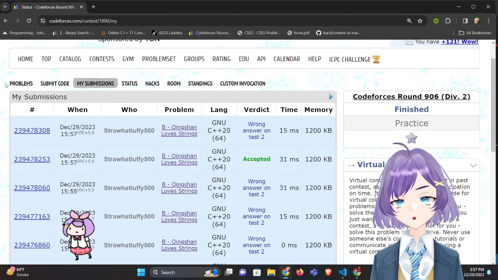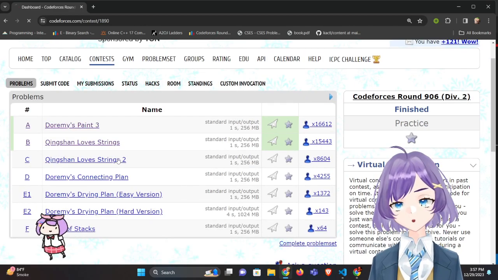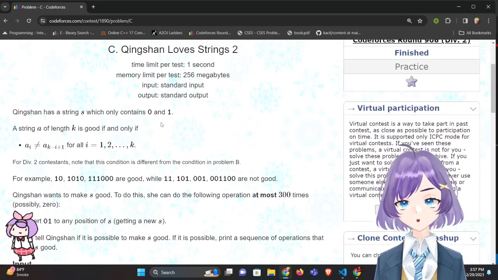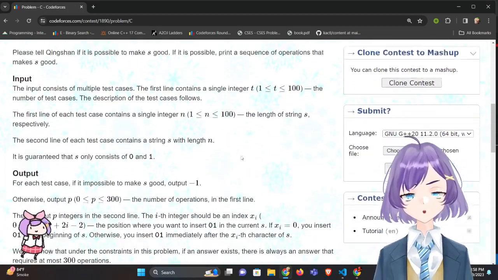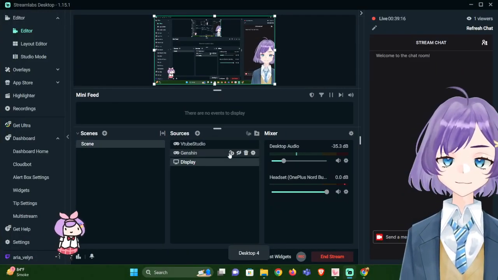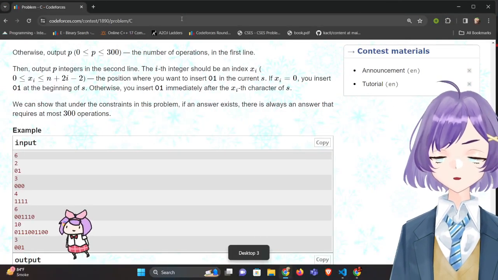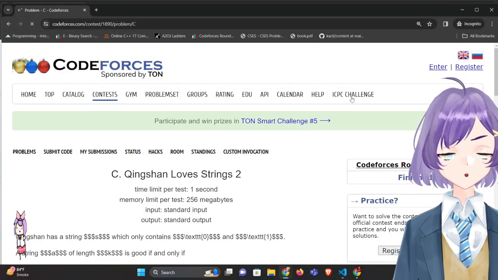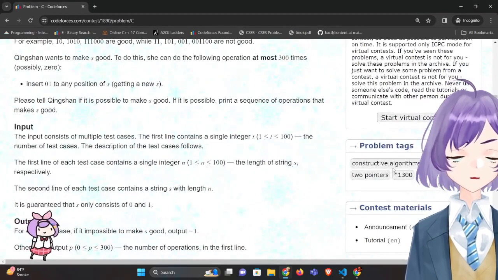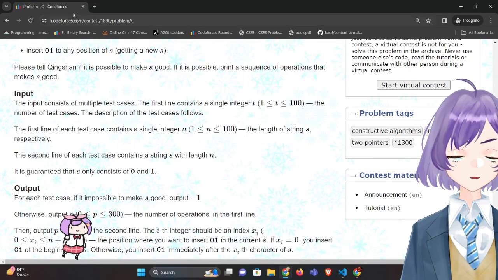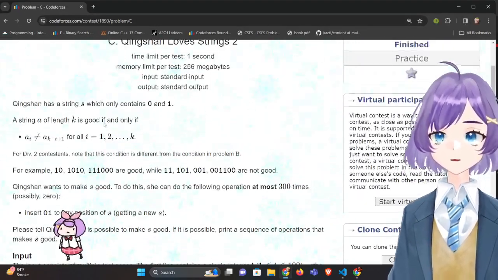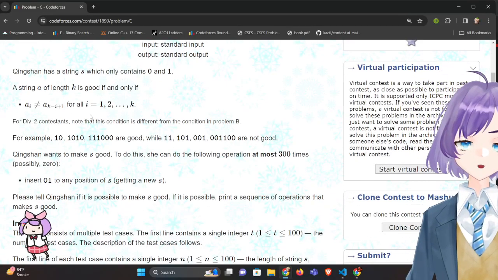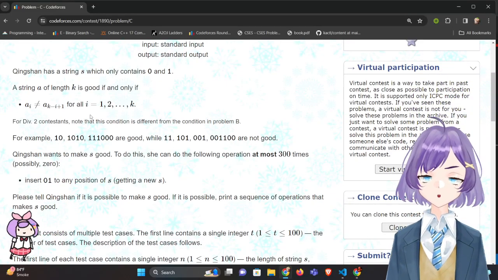So what's the third question? Low strings a little too much. And let's see the tags of this. Has a string S which contains only 0 and 1.